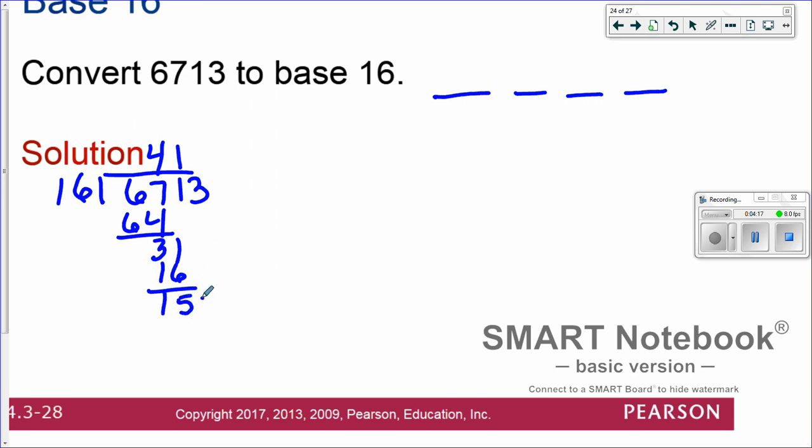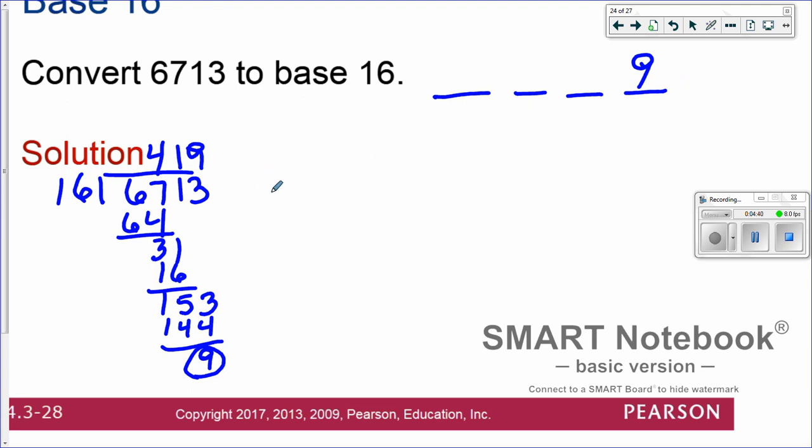So then you bring the 3 down, you get 153. That goes in 9 times. So that's 144. So here's finally the remainder. This is my answer. And this answer is going to go back here because if you remember when I was doing it before, I was reading down. So this would have been my bottom, or in this case, it's going to go there.